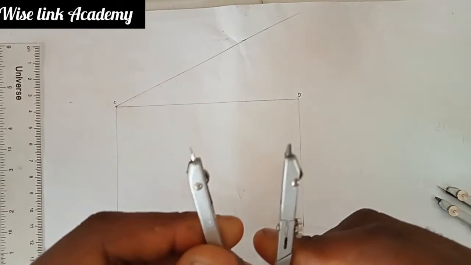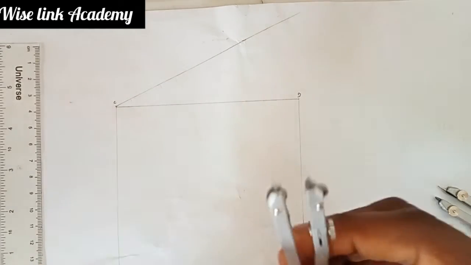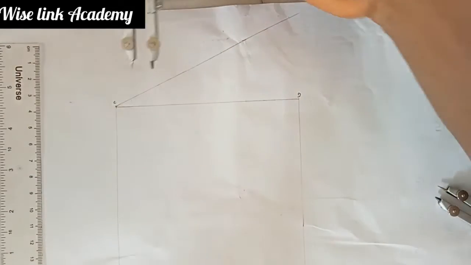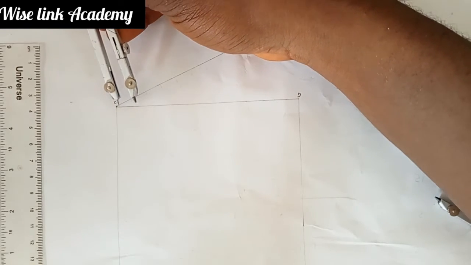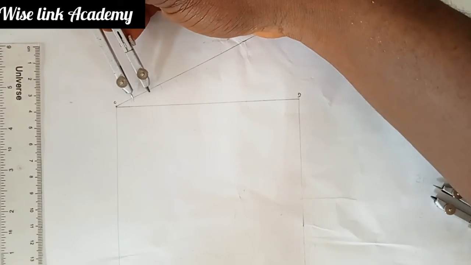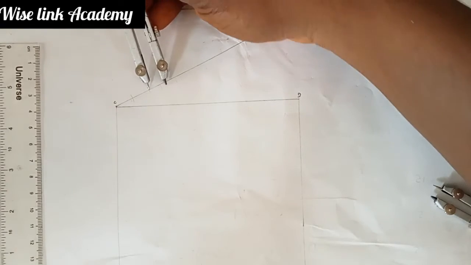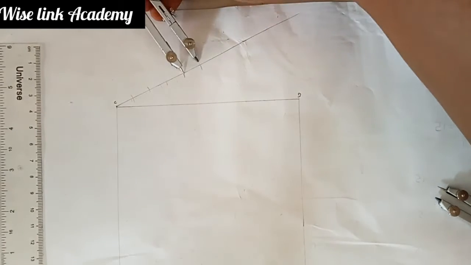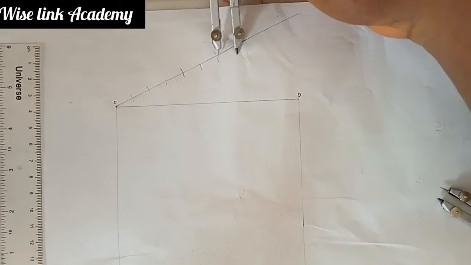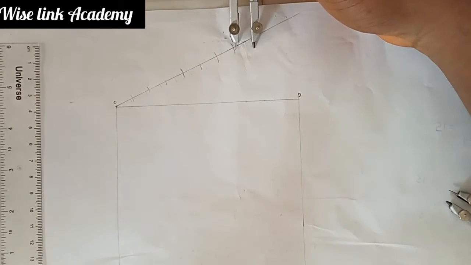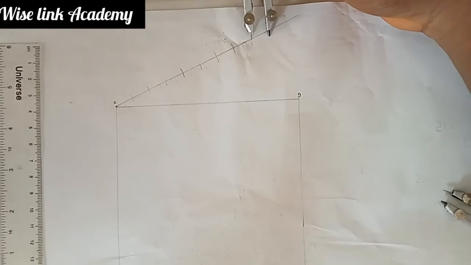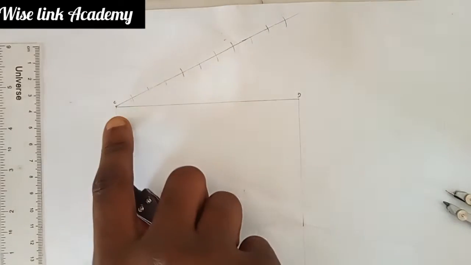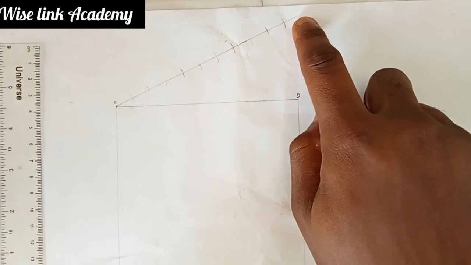You place your pin at this point, and step off 1, 2, 3, 4, 5, 6, 7, 8, 9, and 10. I divided it here into 10 equal parts.